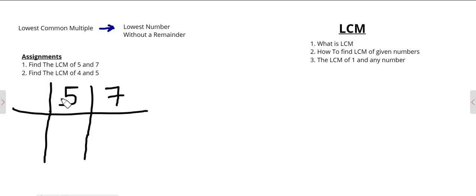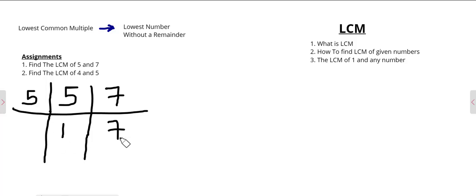What can divide 5 and also divide 7 without a remainder? Well, there's no number that can divide 5 and 7 without a remainder, so we'll have to divide 5 first by 5, and that will give us 1. Since 5 cannot divide 7 without a remainder, we have 7 here.